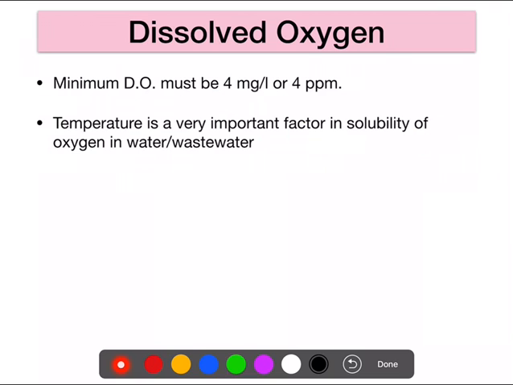So moving on. The next point is that minimum DO must be 4 mg per liter or 4 ppm. That means minimum DO in any sample of water or in any river has to be 4 mg per liter. Why? Because if your DO falls below 4 mg per liter, your aquatic life will be hampered.